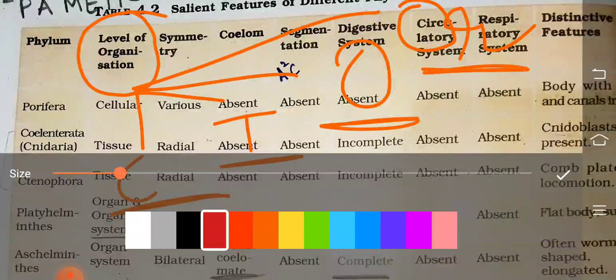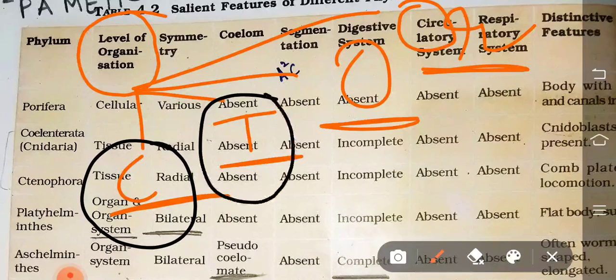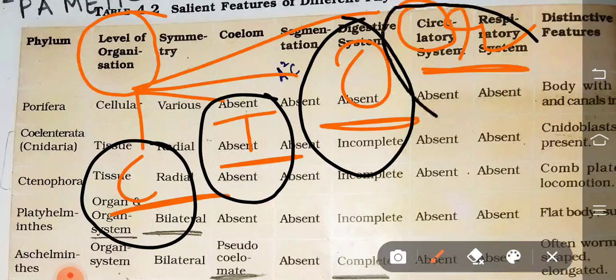In animals, where the animal body is made up of only cells, that is cellular level. When it is made up of tissue, it is tissue level. When it is made up of organ, it is organ level. And when it is made up of organ systems, it is organ system level, which is of humans.